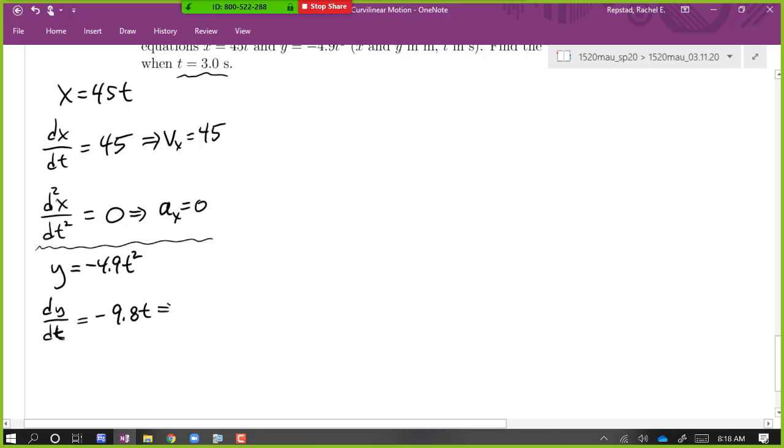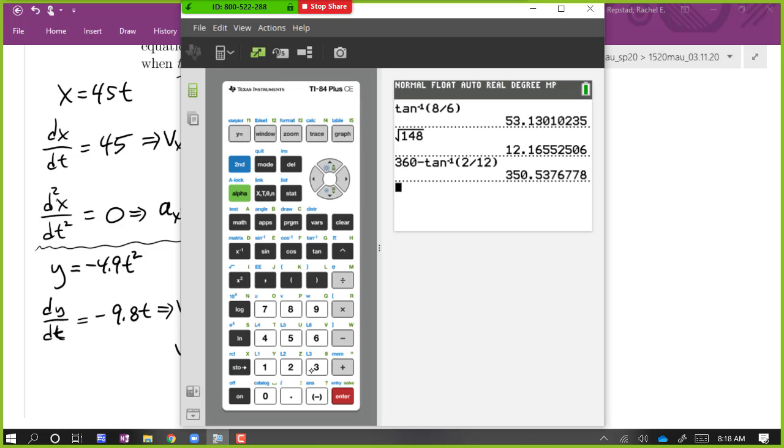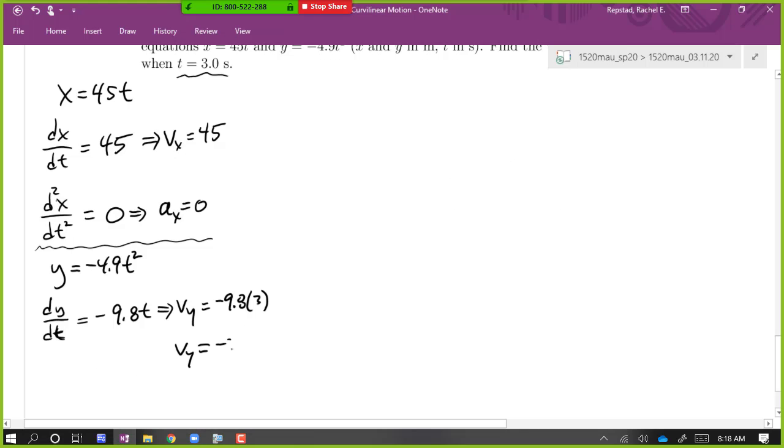And that means that if we want the y component, we're going to plug in t equals 3, which gives us negative 29.4.